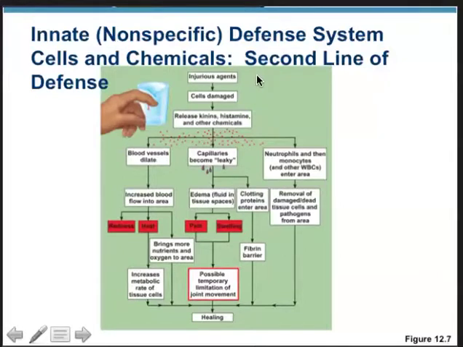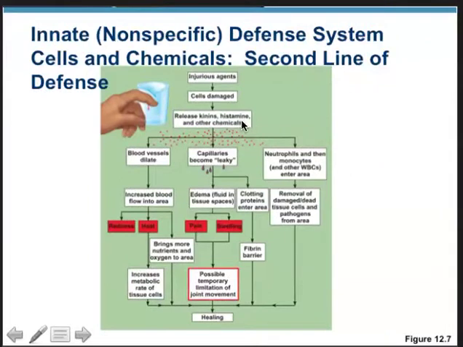You can see here a flow chart showing you how this operates. This is the inflammatory response, which is also very important in keeping us disease free. You have the injured tissue that releases certain chemical components into the surrounding tissue fluid.